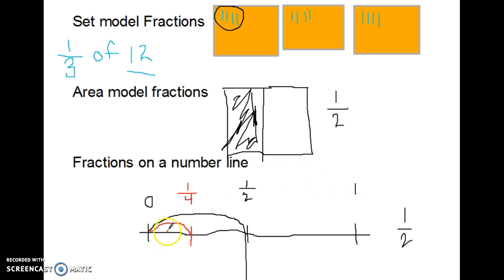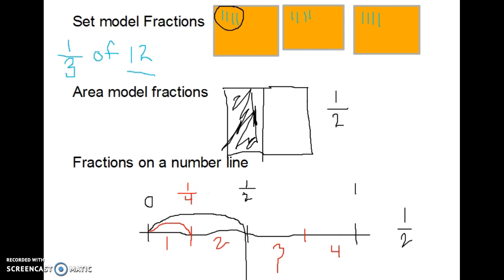So would there be 4 there? Yes. 1, 2, 3, and 4. Okay, so we just want 1/4 of it, which is right here. So to double check your work, you just make sure that you have the denominator, the bottom number, evenly divided up into the 4 sections.